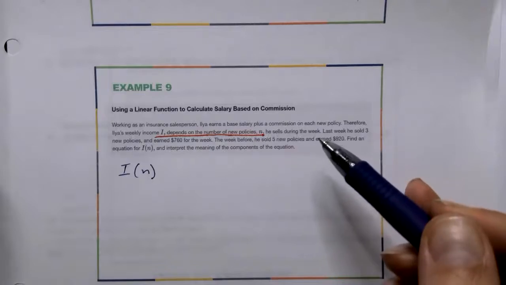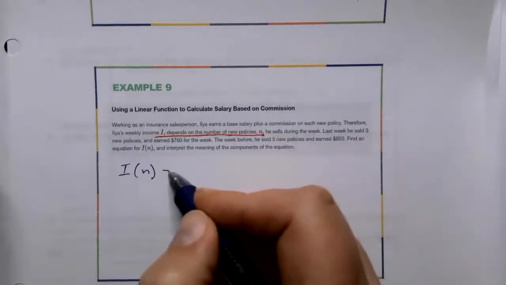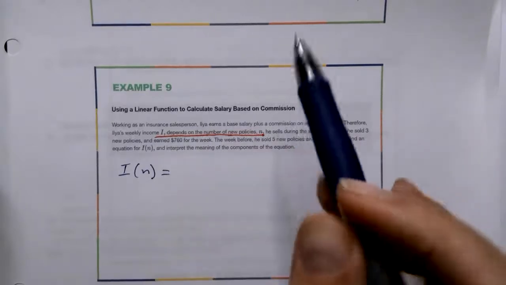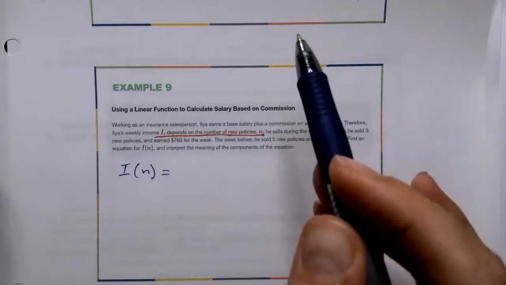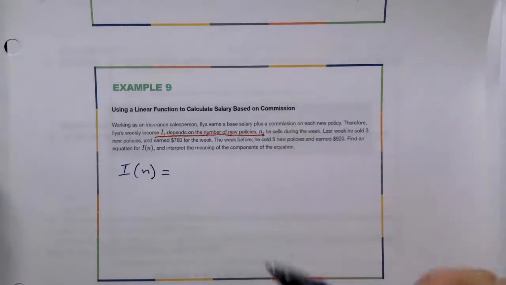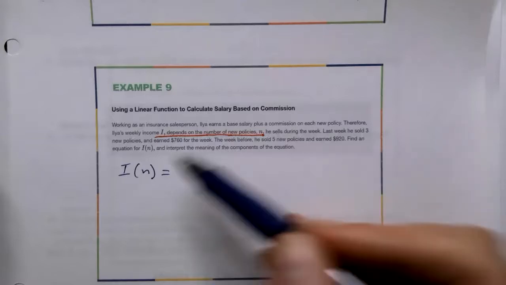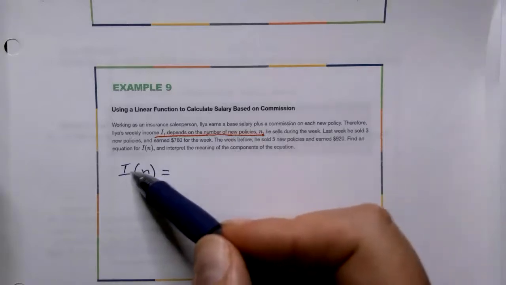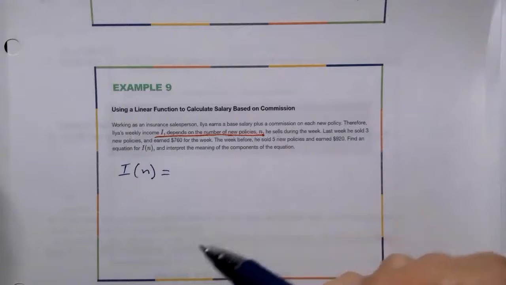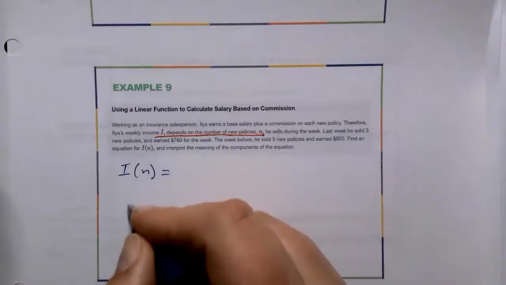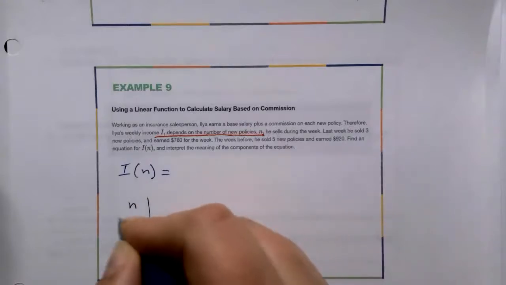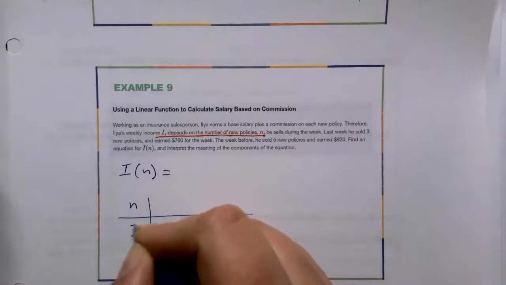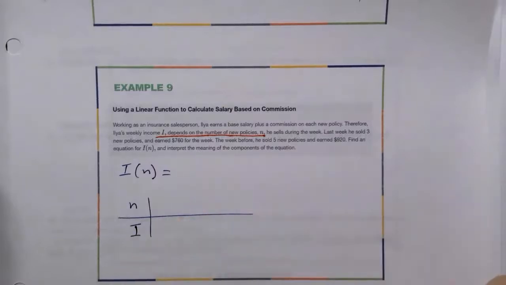Okay. This one is a little bit different from the previous problem in how they don't give us the rate of change. They don't give us the initial value. What they give us is the I and n values for different instances. So your input or your n values versus your output or I values.